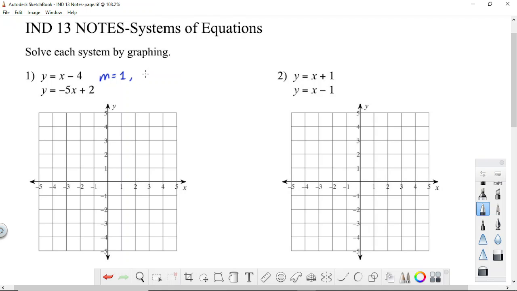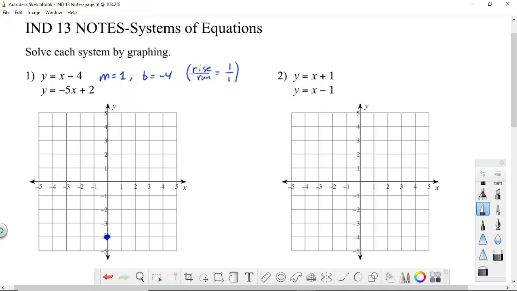The y-intercept is -4. So we go to the y-intercept to get 1 point, and then we use the slope, which is 1, so the rise over the run is 1, right? I'll write that over here as well. Rise over the run equals 1 over 1, since the slope is 1.